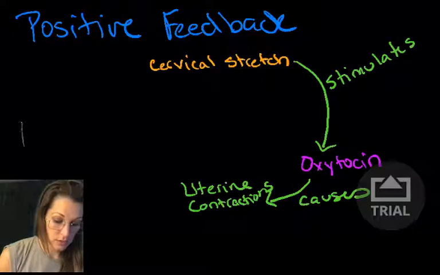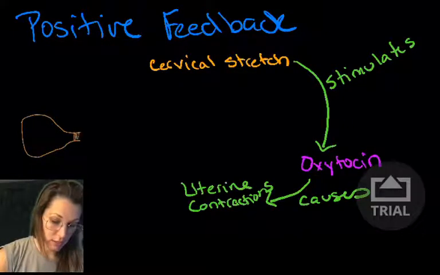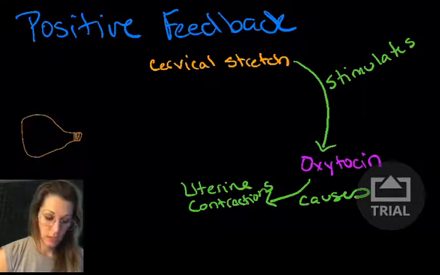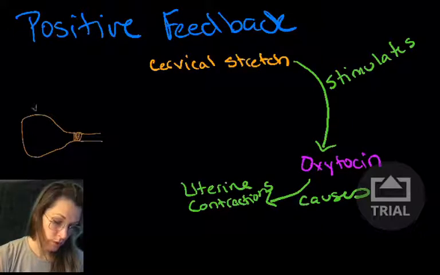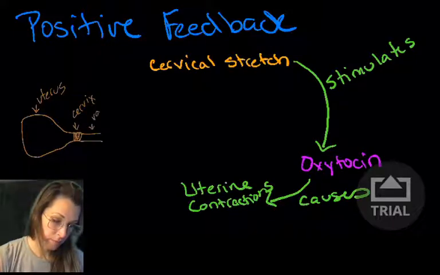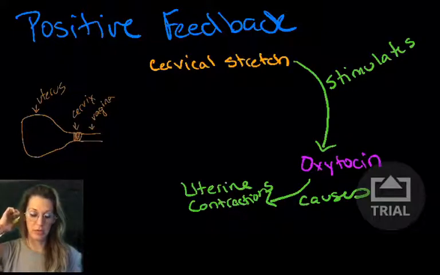Here's the uterus, baby's in the uterus, then there's a muscular tube right here, the cervix, and then the opening here is the vagina. Uterus, cervix, vagina. We'll go over all of this in more detail when we get to the reproductive system.